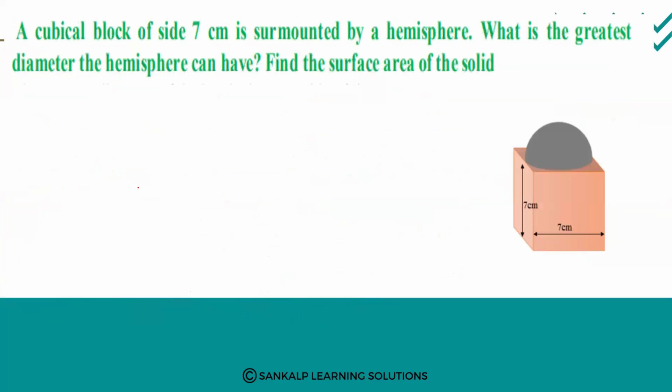Okay. Next, a cubical block of side 7 centimeter is surmounted by a hemisphere. What is the greatest diameter of the hemisphere it can have?